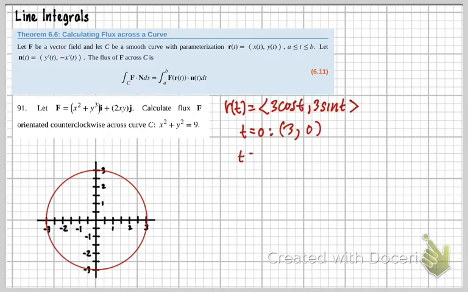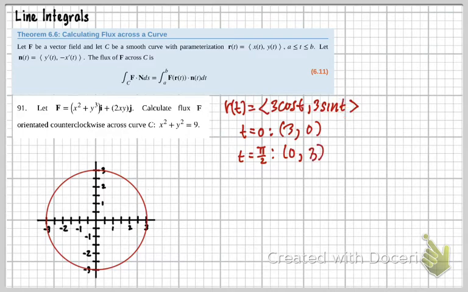Now let's look at t equals pi halves. I'm picking these values because for cosine and sine those are the nice values. Plugging pi halves into t for the first component gives 0, so 3 times 0 is 0. For the second component, sine of pi halves is 1, times 3, which is 3.